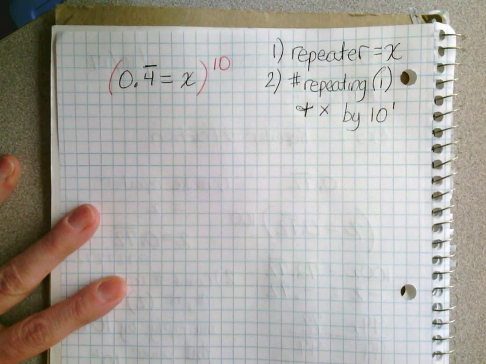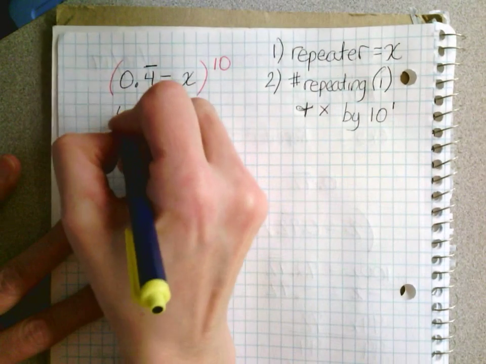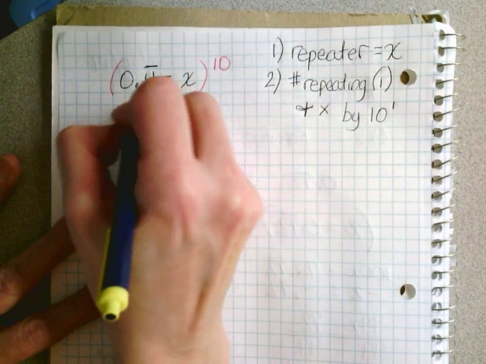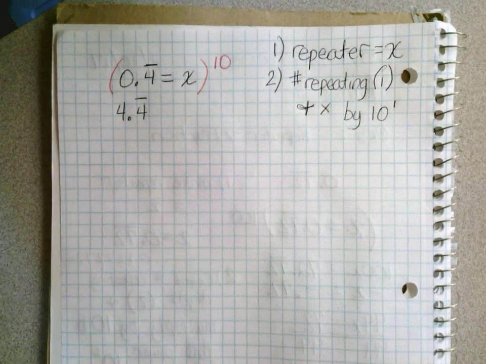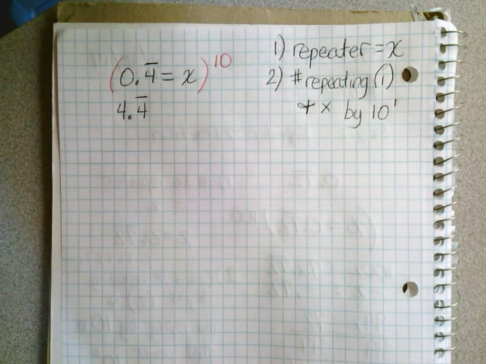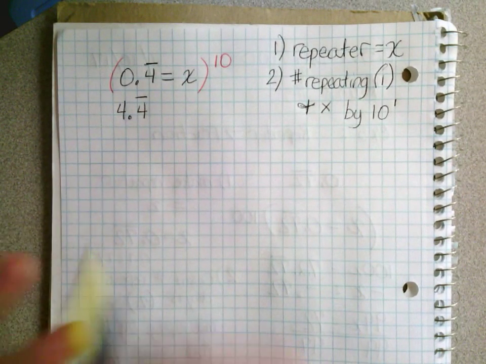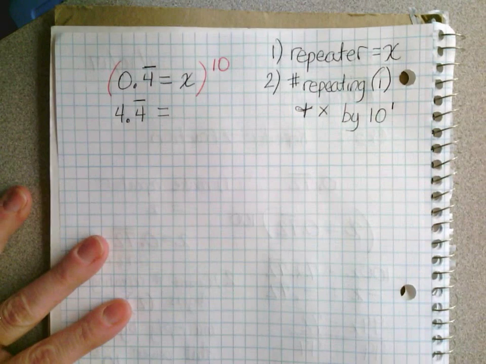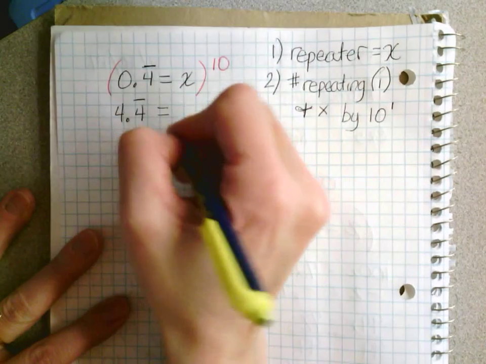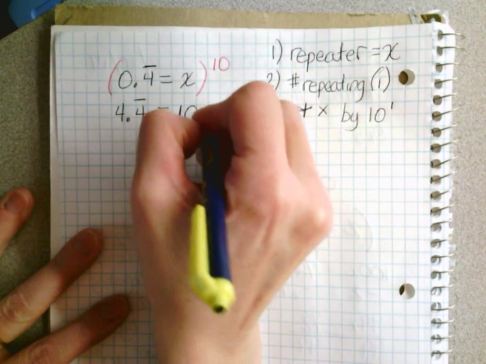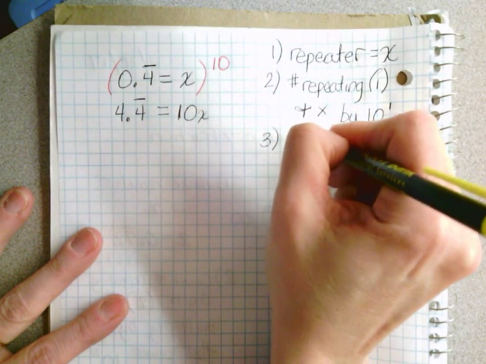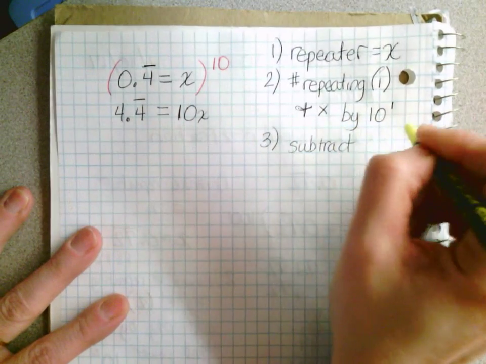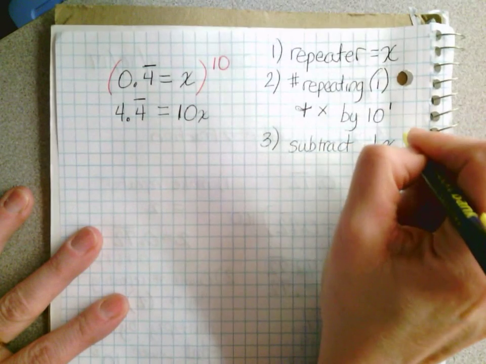Okay? That results in 4.4 repeating on the left. Remember that 4, 4, 4, 4, 4, it repeats into infinity. And what's 10 times x? Come on, folks, wake up. 10x, bravo. Step 3, subtract the value of 1x.